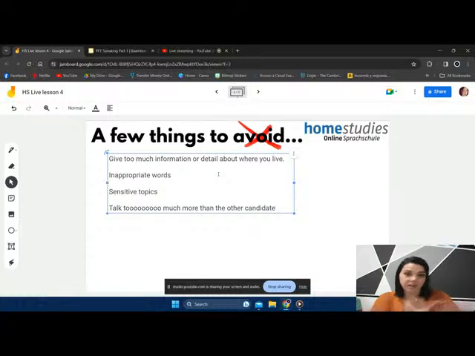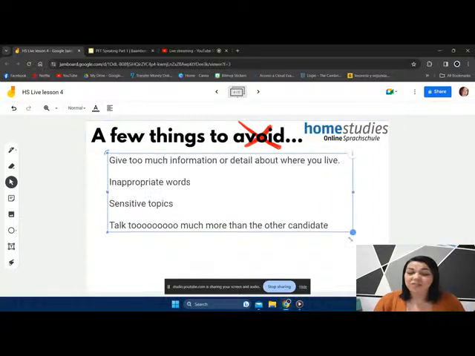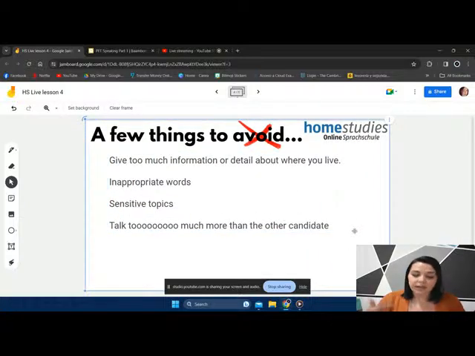So one person's abilities in English does not affect yours. But remember, this is an exam. You want to try and balance the conversation and give each other the opportunity to speak. And it can seem maybe a little rude if one candidate is speaking a lot more than the other and not giving them the opportunity to speak. So just remember that. Try and make it more of a balance.